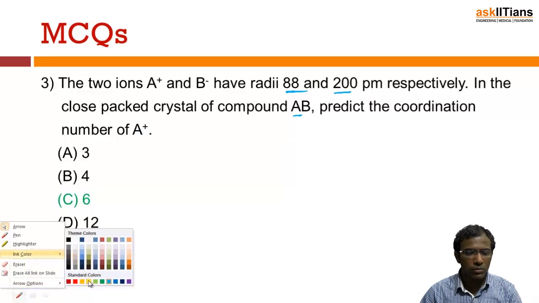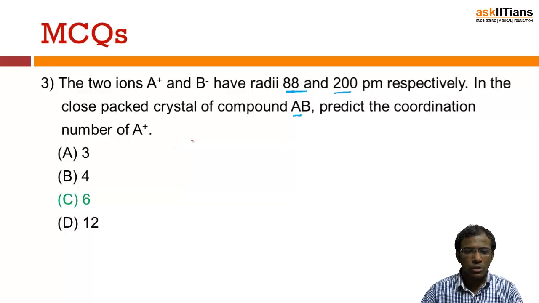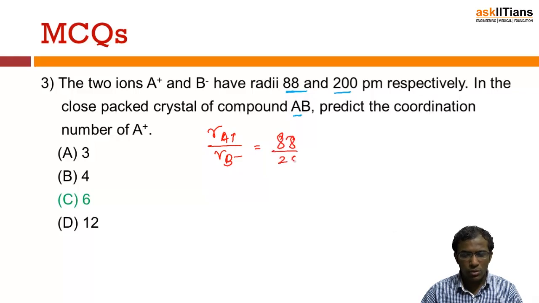So which is the correct one? To know the coordination number, just find the radius of A+ by the radius of B-, which is 88 by 200. If you solve it, you will get 0.44, right?